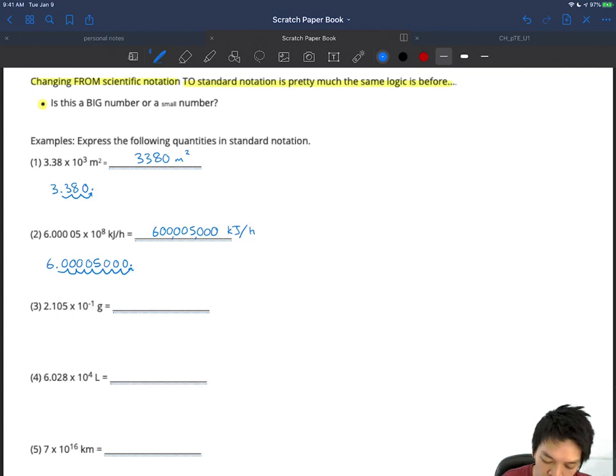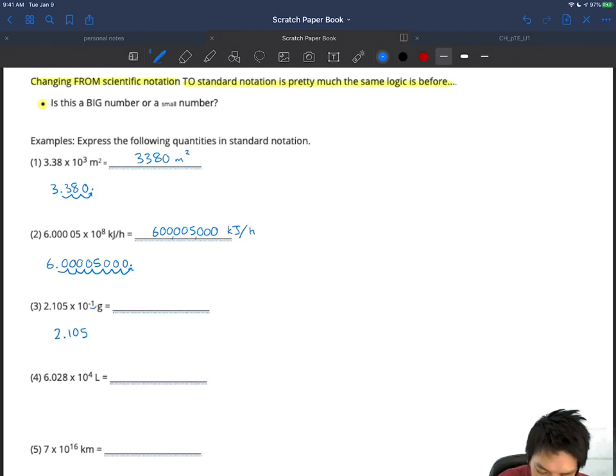Okay, let's look at our third example. We have 2.105 times 10 to the negative 1 grams. And now this is a negative exponent, so this is a small number. And if we're talking about a small number, we have to move the decimal place to the left to make it an even smaller decimal number, right?